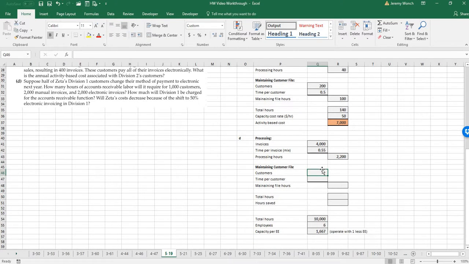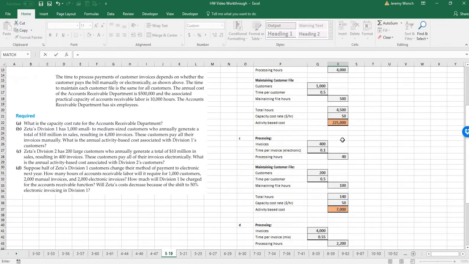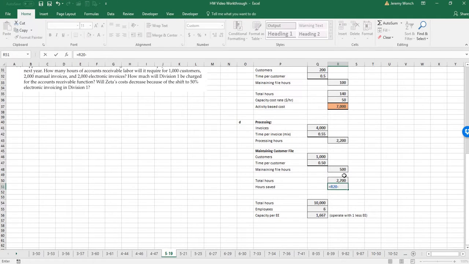Maintain the customer file, still 1,000 customers, still a half hour each. So now what happened, by those customers changing from manual to electronic, is we would save 1,800 hours.